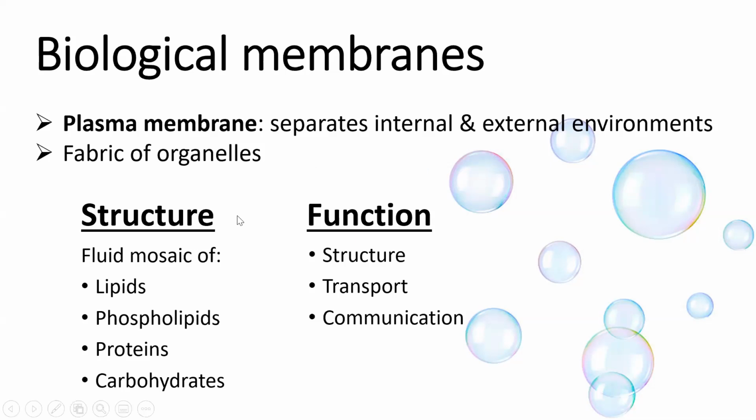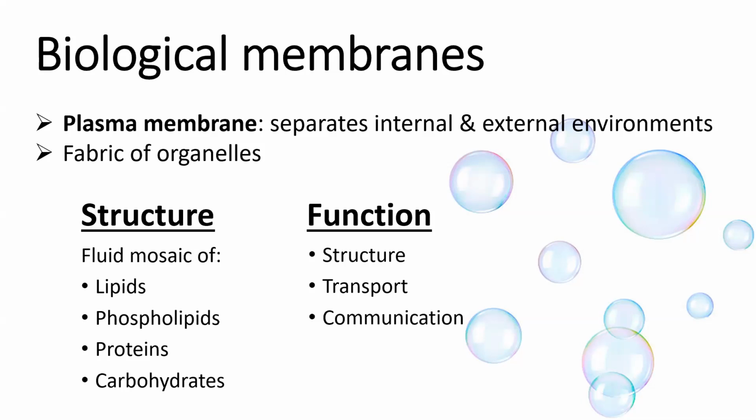So remember that when we talk about the structure, we have a fluid mosaic model, and it's called a fluid mosaic model of the phospholipid bilayer because it is in actuality a fluid membrane. It is dynamic. It is constantly changing and fluctuating.